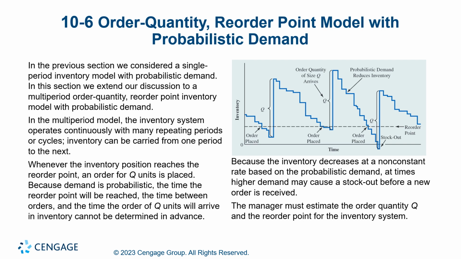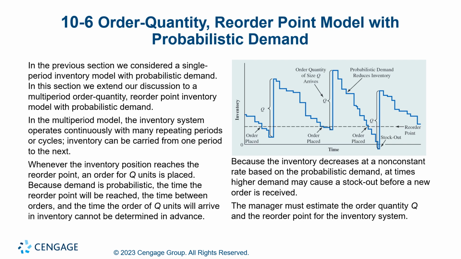Whenever the inventory position reaches the reorder point, somewhere around here, an order for Q units is placed. But because the demand is probabilistic, the time for the reorder point to be reached, the time between orders, and the time at which the order of Q units will arrive in inventory cannot be determined in advance.